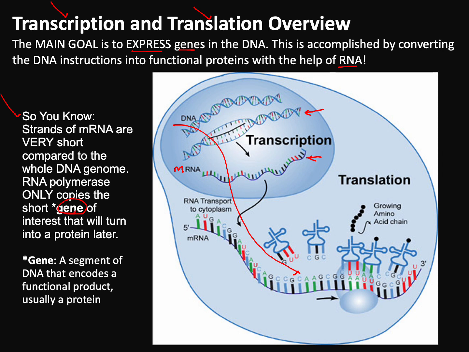So it's a very small part of the genome that's coding for a specific protein. So when RNA polymerase turns DNA into mRNA, it's only taking a bit of that genome. Then that mRNA is going to go on its journey to find a ribosome, and at the ribosome, it's going to be translated into a protein. So here, that's the journey we're going on over these next few slides.